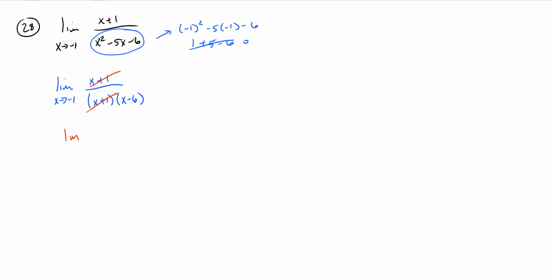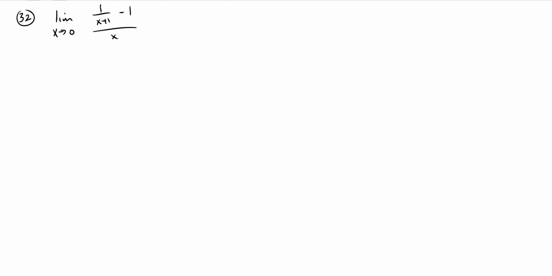I'm left with the limit as x approaches negative 1 of 1 over x minus 6. Now I can use direct substitution, so this limit is going to be 1 over negative 1 minus 6, which is negative 1/7.